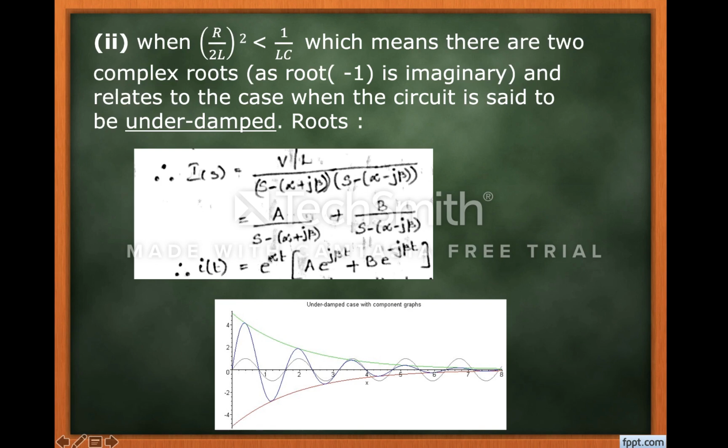So here e power of j beta t can be written as cos beta t plus j sine beta t, and similarly e power of minus j beta t can be written as cos beta t minus j sine beta t. So you'll have a cosine term and a sinusoidal term over there, and according to that you'll have oscillatory terms, and then it settles down.